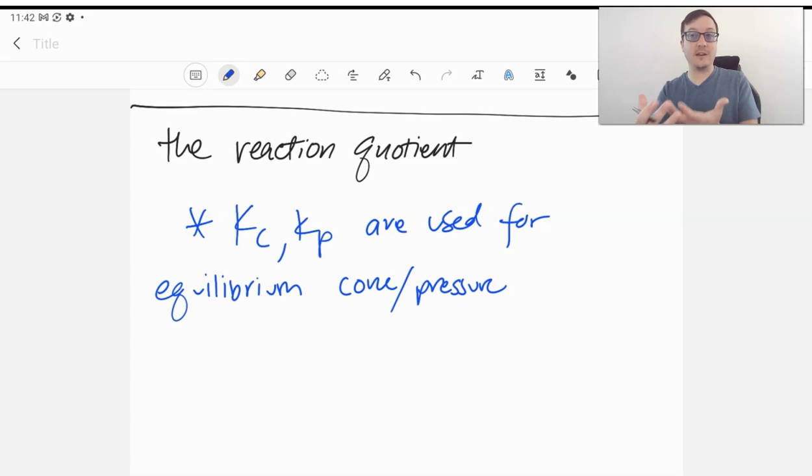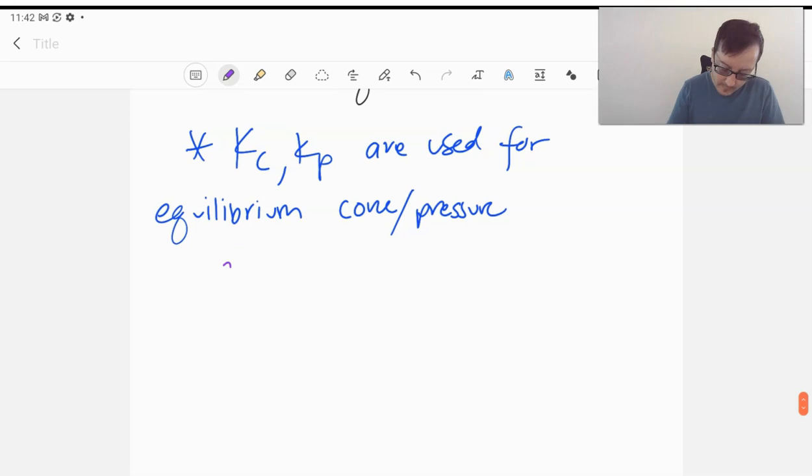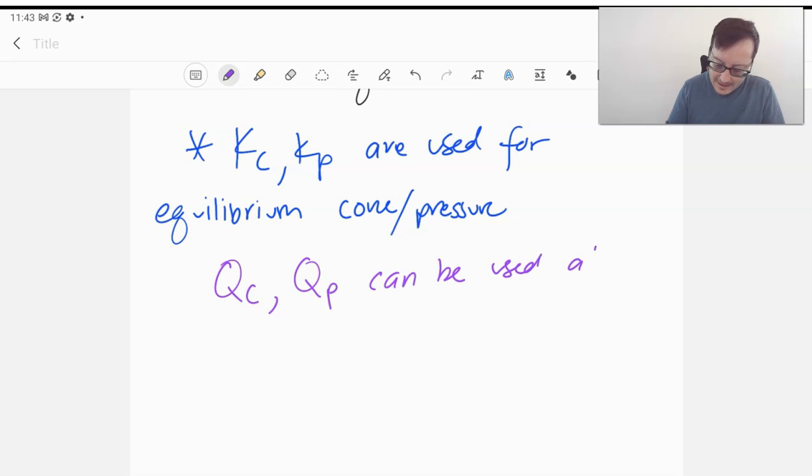They're used for equilibrium values. The reaction quotient, which is Q, Qc or Qp, can be used at any point during the reaction.